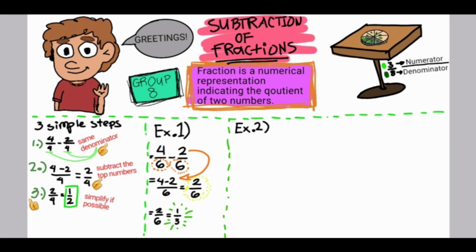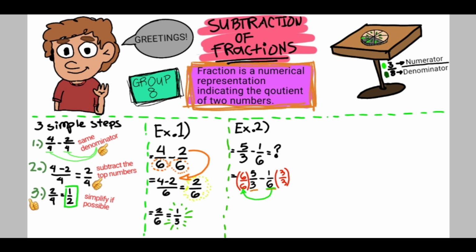For example, 5/3 minus 1/6. Most students, including me, use this method to subtract fractions with different denominators. What we do is we take each other's denominator and multiply it to each other's fraction.